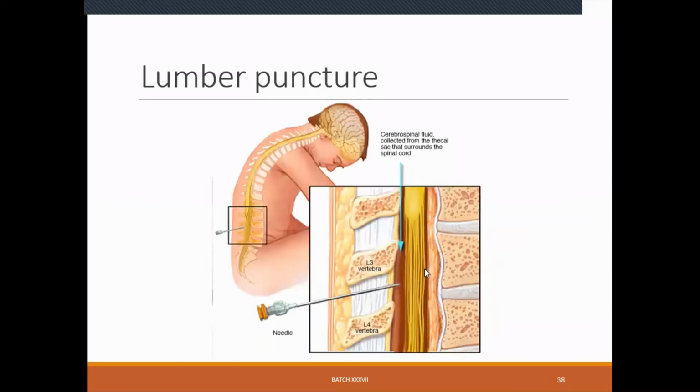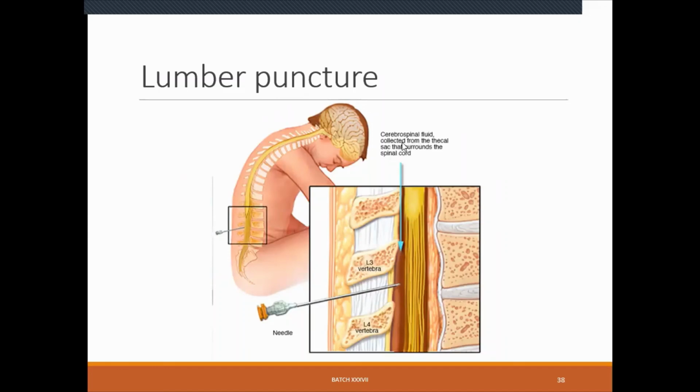So you will perhaps see one day when you are doing clinical practice that a needle is sent to the lumbar region, specifically between the L3 and L4 vertebrae, and you know here the spinal cord is not found because the spinal cord ends at L1 and L2, and these are a set of nerve fibers, and this needle doesn't hit the nerve fibers, it goes only to the space.